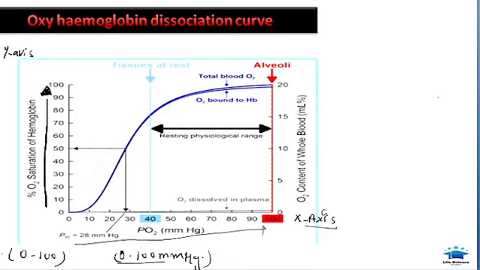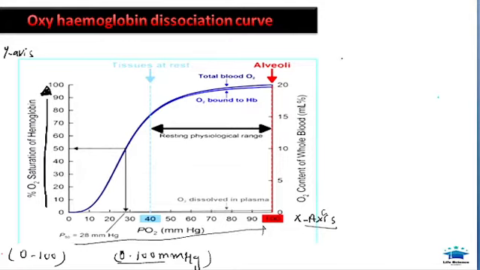So as the pressure of oxygen is increased, the percent hemoglobin saturation exhibits a sigmoidal curve. So this whole thing is the sigmoidal curve, suggesting that there is cooperativity with respect to oxygen binding to hemoglobin.